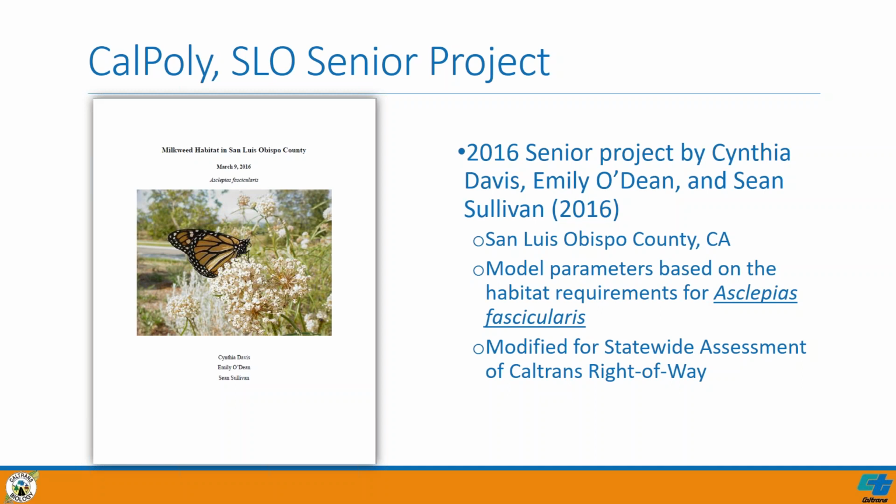I'm not sure how other DOTs are arranged, but Caltrans is divided into 12 semi-autonomous districts, and each district makes its own decision as far as enrolled acres and participation. So it was essential for us to come up with a reasonable estimate of what each district's habitat looks like and what its needs would be. So it's kind of a nice challenge.